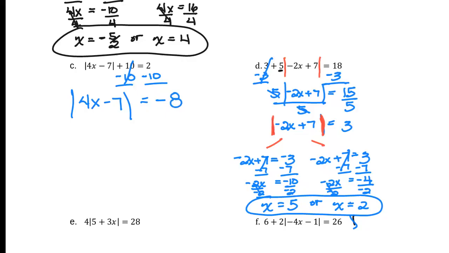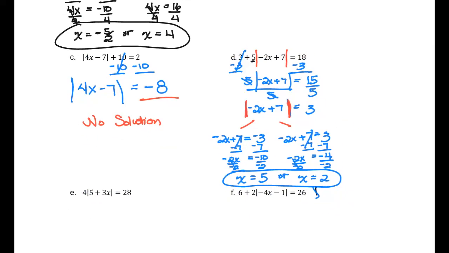Can you have an absolute value equal to a negative amount? No. So you don't have to do anything more here. The answer is no solution, because you can't have an absolute value with a negative distance. Okay? You're like, yeah, give me more of those.